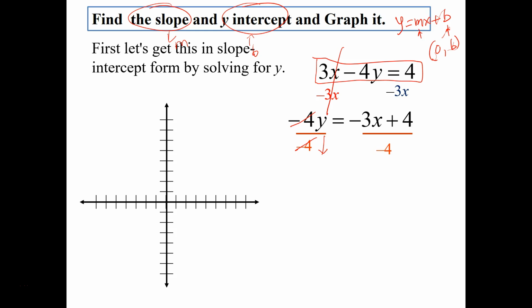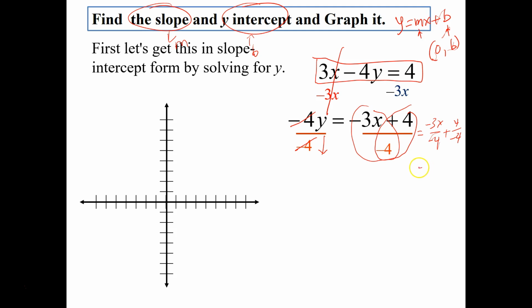Notice that this can be simplified further: negative 3x over negative 4 plus 4 over negative 4, because you divide negative 3x by negative 4 and 4 by negative 4.